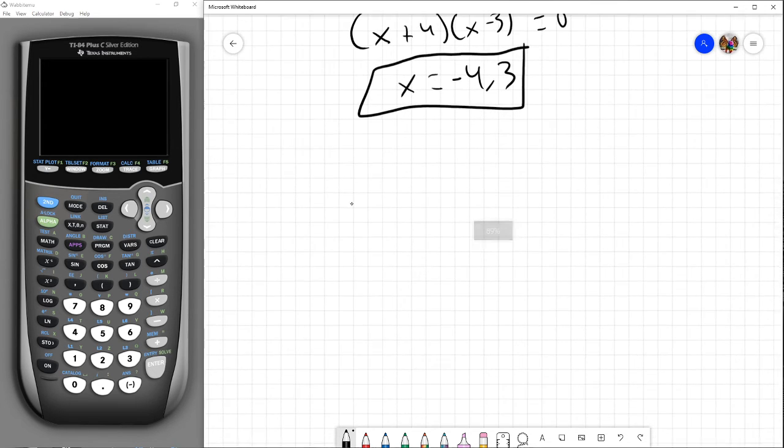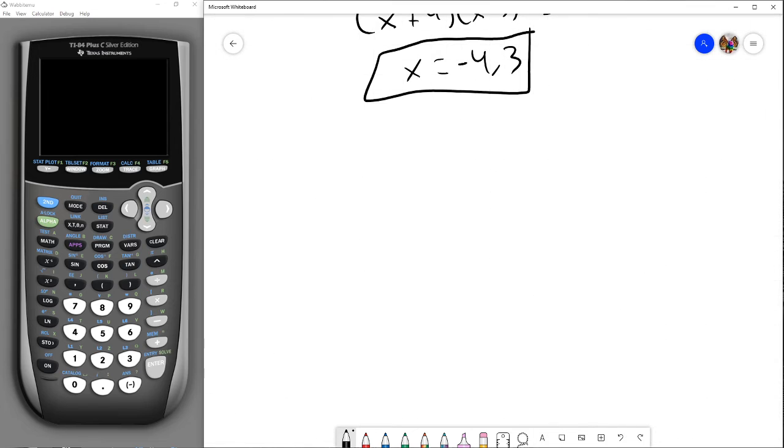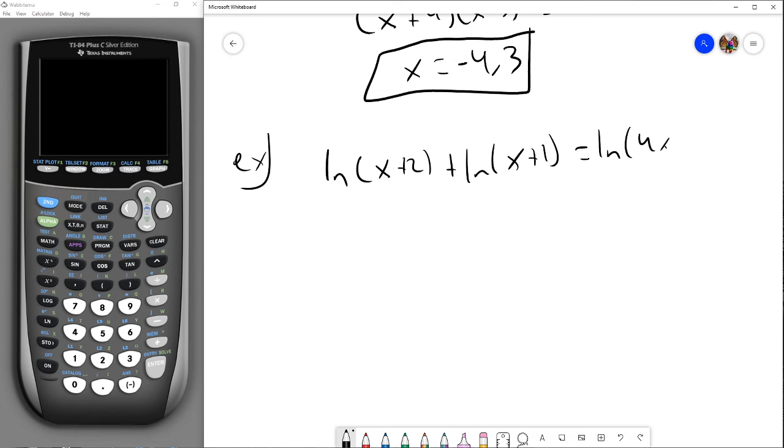Alright, now let's see if we can find a more interesting example. Here we go. The natural log of x plus 2 plus natural log of x plus 1 is equal to the natural log of 4x plus 14.